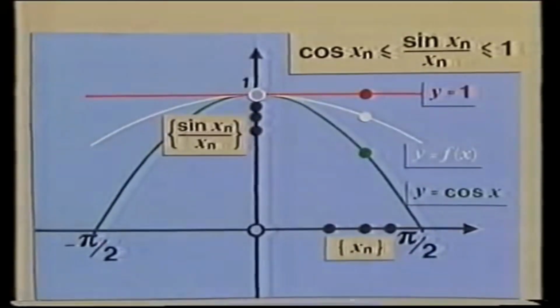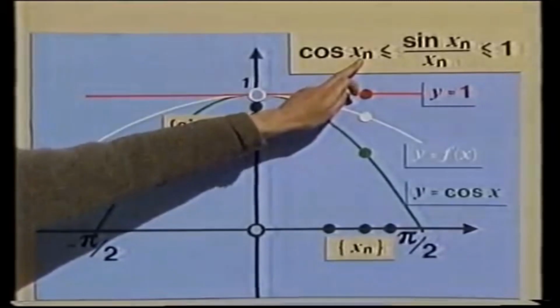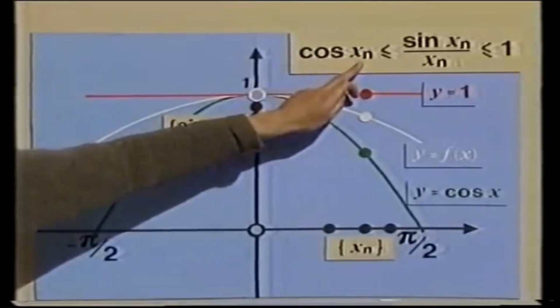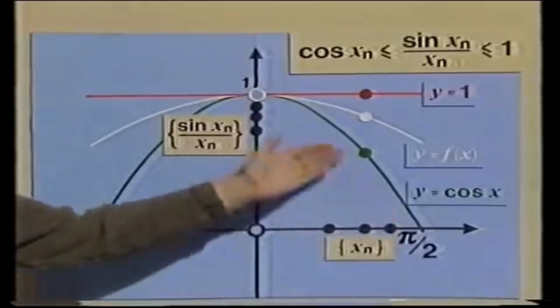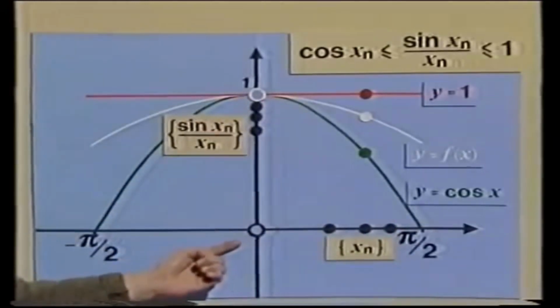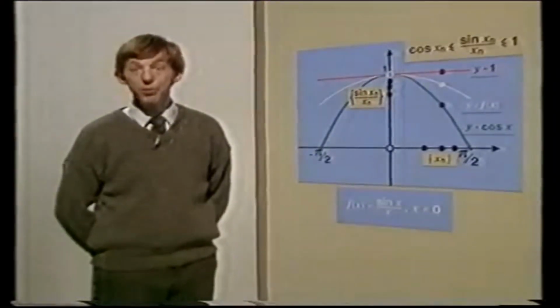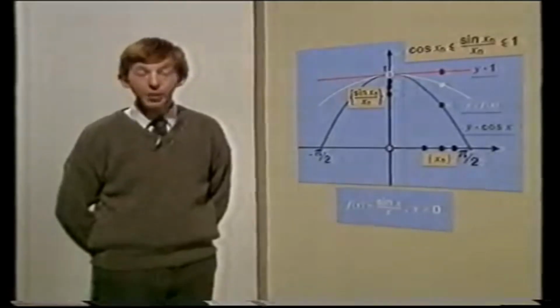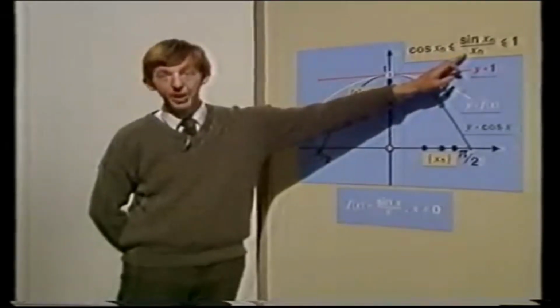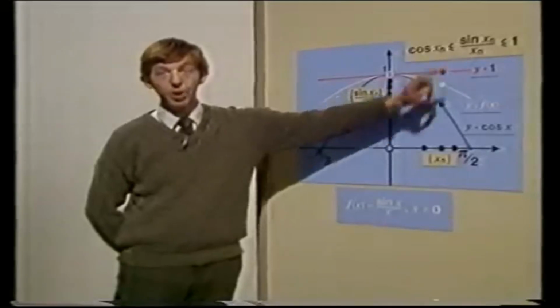And that does it. As xn tends to 0, cos xn tends to 1, because the cosine function is continuous at 0. So, by the squeeze rule for sequences, if xn tends to 0, then sine xn over xn tends to 1 as well. Well, that's completed the analysis we needed to solve the second problem.